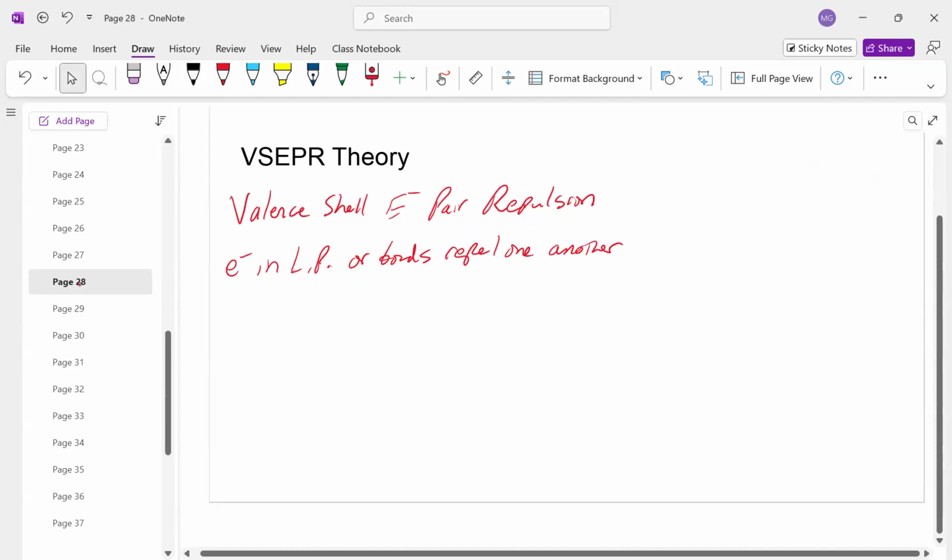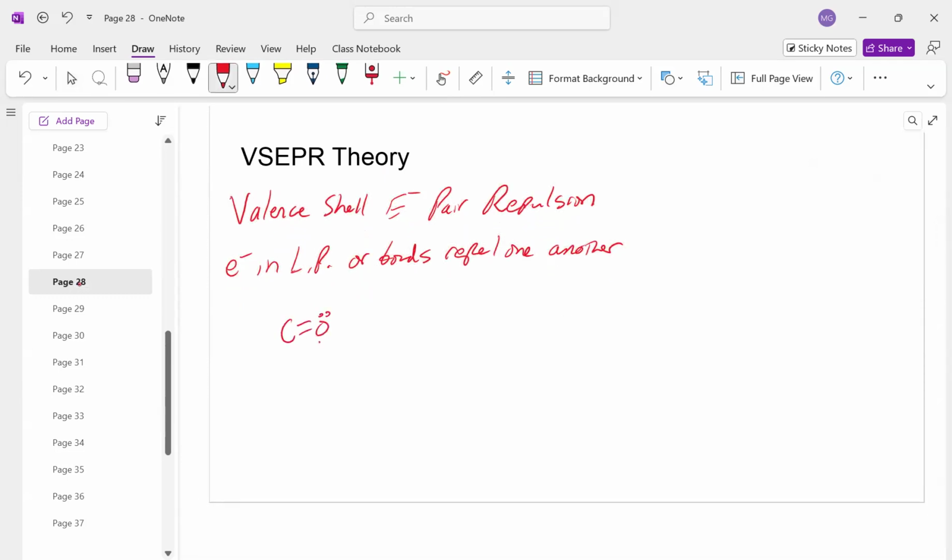All right, so for example, on paper, I can draw carbon dioxide like this. Maybe I should show a little bit of an angle there between the oxygens. But we're dealing with electrons. There's electrons in the bonds, there's electrons in the lone pairs, and electrons all have the same charge.